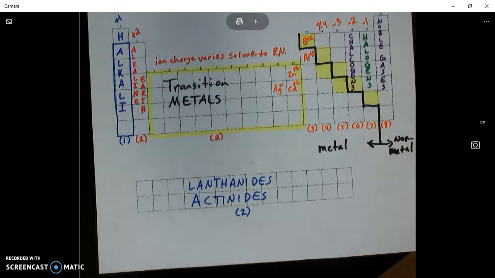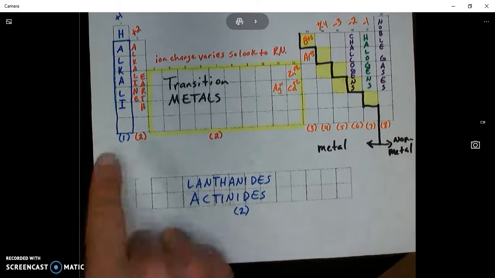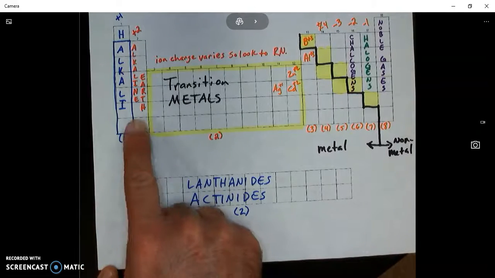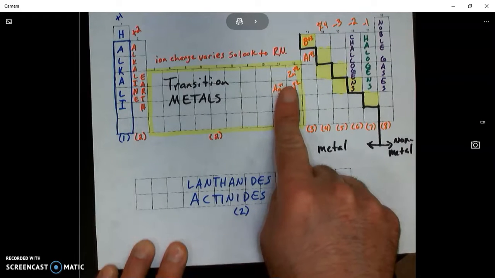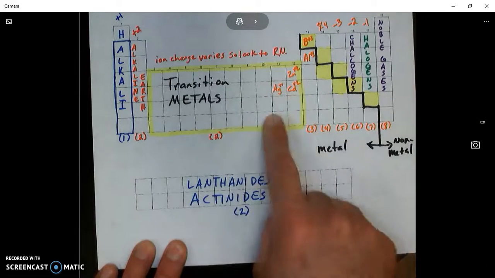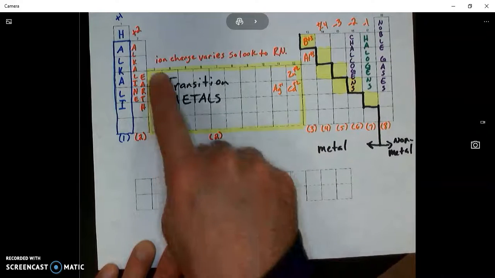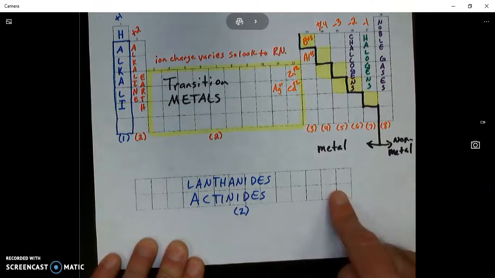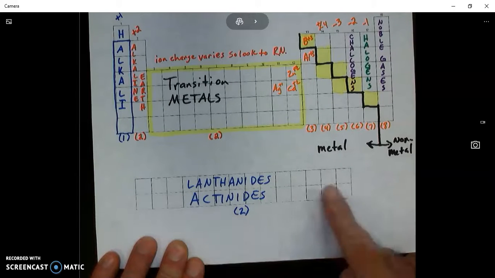So, as we look at our periodic table here, we have our alkali metals, group 1. Group 2 are alkaline earth. We have our transition metals. They are the 3 to 12 block. We'll learn that that's called the D block in our next discussion. We have our lanthanides and actinides, which is called our F block.